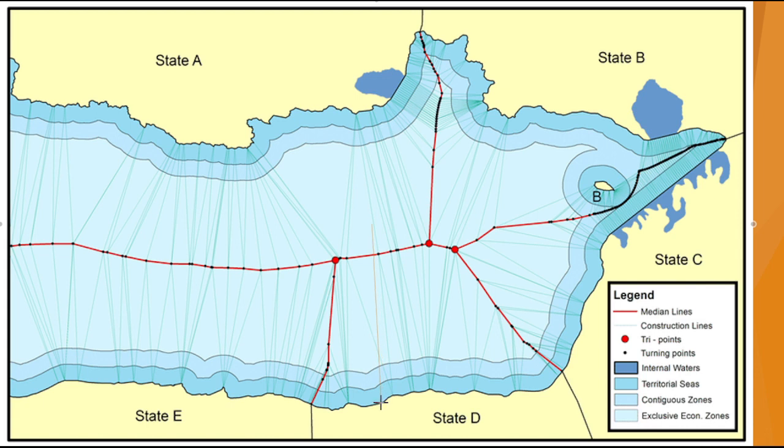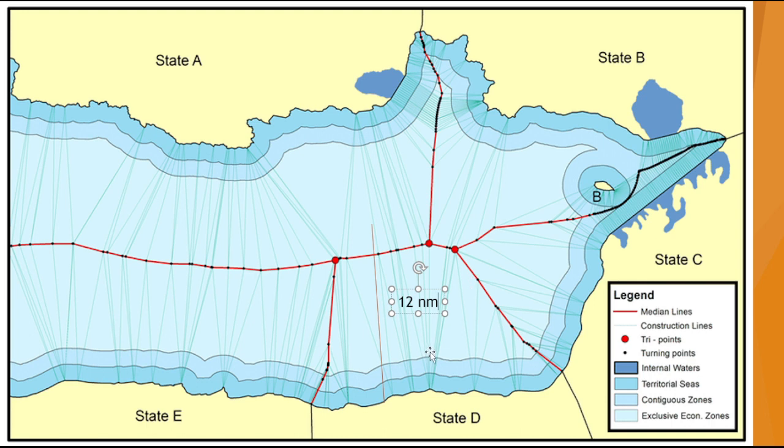There exists this line, right? So let me enlarge it. Okay, so there exists this line, and till here is 24 nautical miles. This is 24 nautical miles, and 12 nautical miles.